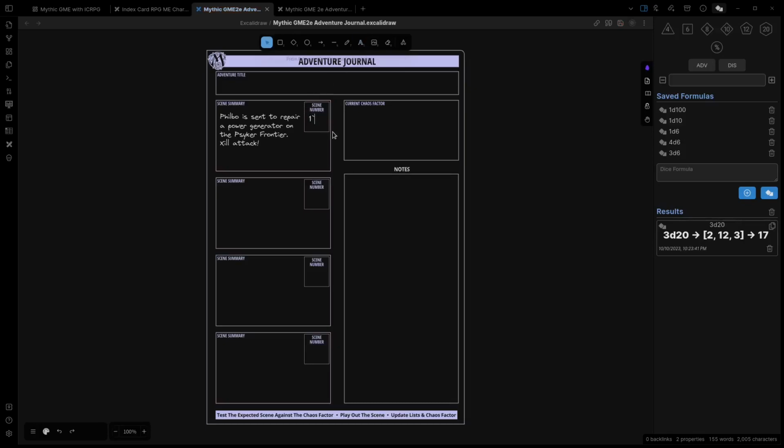And scene 1, oops, chaos factor is 5, as that is the standard default chaos factor for any Mythic adventure. And for notes, we can put the Psyker Frontier is a place of mystery.